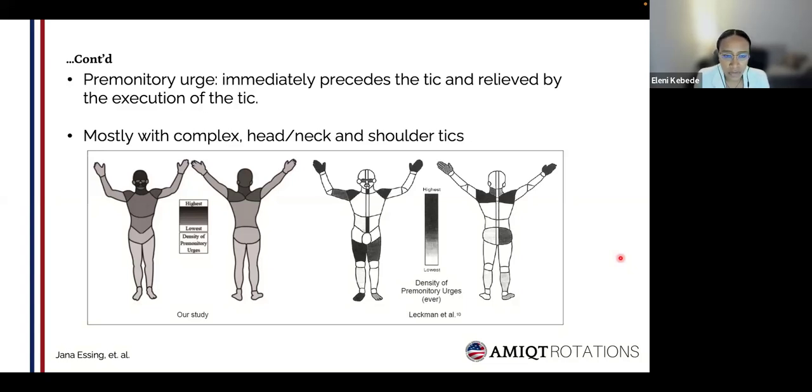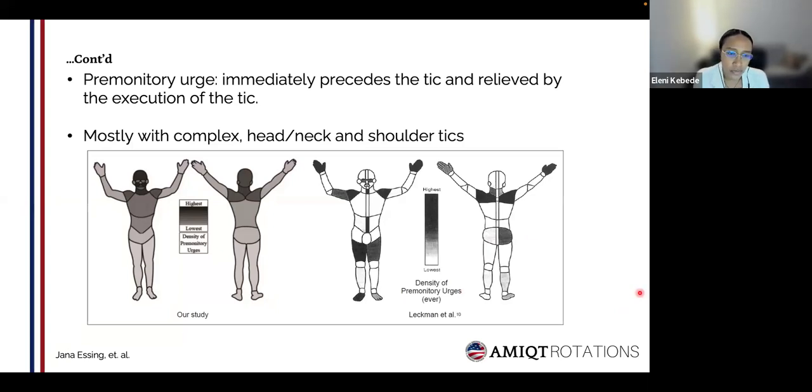However, we should really know that it's not in all people, and some people might experience it in some of their tics while not experiencing it in the others. And the percentage of Tourette's patients who have these urges is very variable in studies. It can range from 37% to 100%.